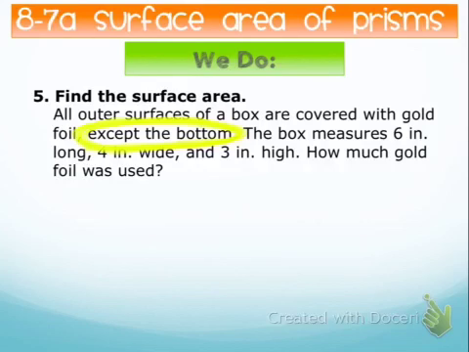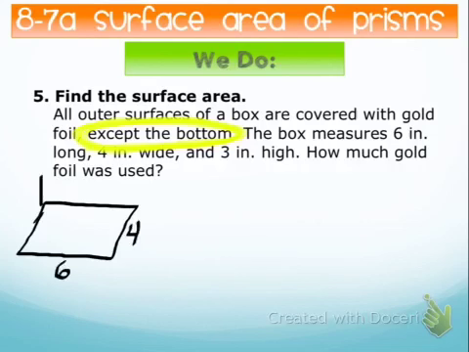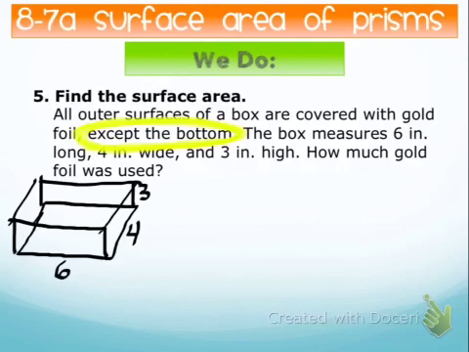So I'm going to attempt to draw 6 by 4 for a base. And then our height is only 3. So when we go to find our surface area, we don't want to include this bottom down here.